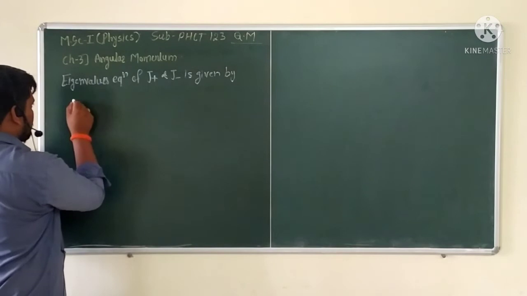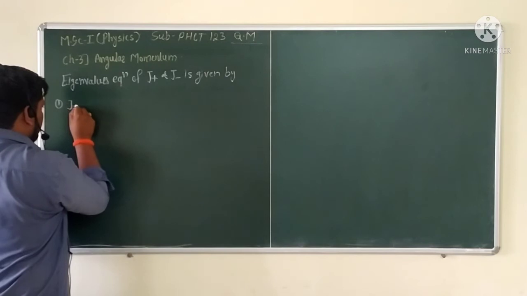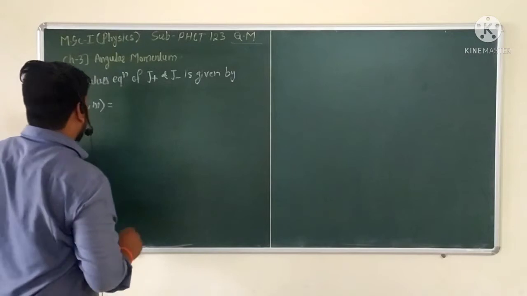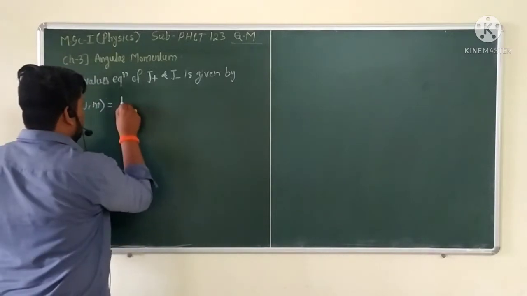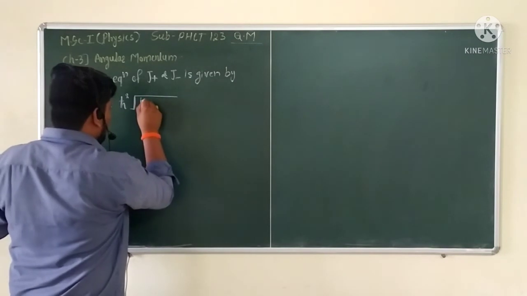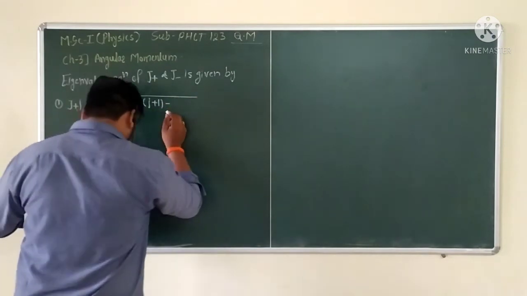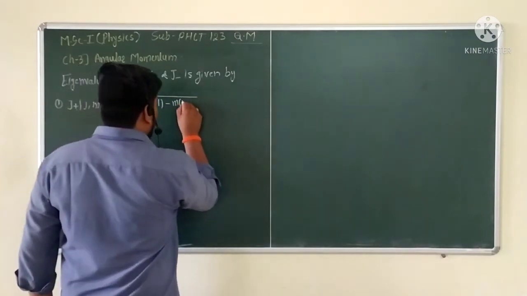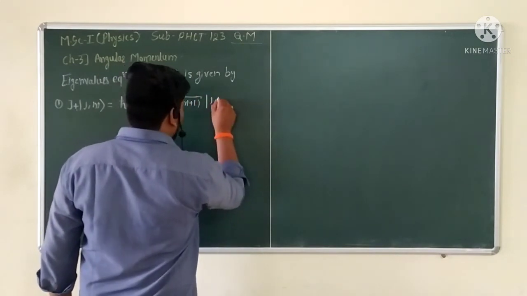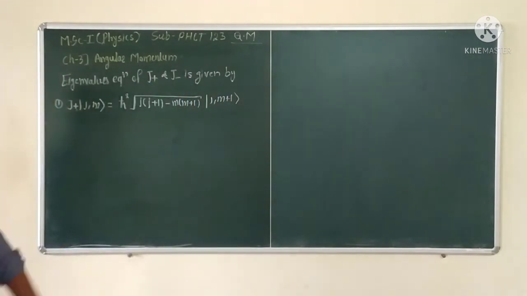For example, the first equation is J plus acting on ket J comma m, and this is nothing but h cross square root of J into J plus 1 minus m into m plus 1, times ket J comma m plus 1. This is the eigenvalue equation of J plus.